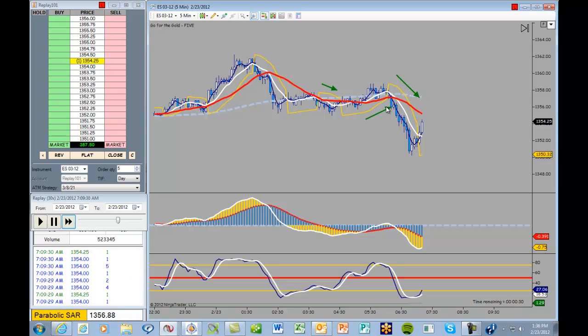Next arrow. Let's back this one off just a little bit so we can see it better.